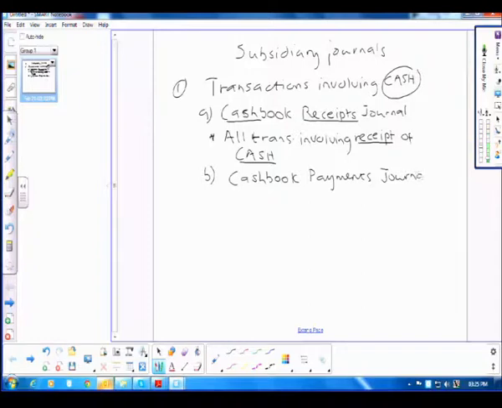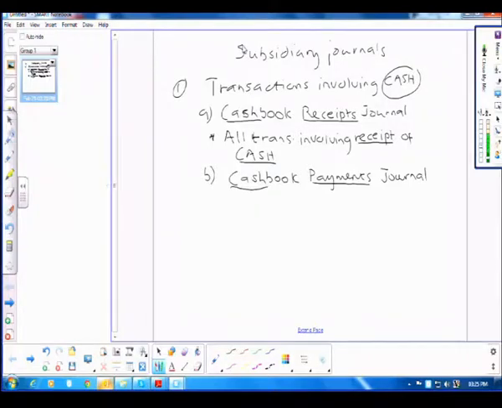In the cash book payments journal, we are no longer receiving, but we are paying. We are making payments, and how are we making these payments? For cash, because here we involve only cash.